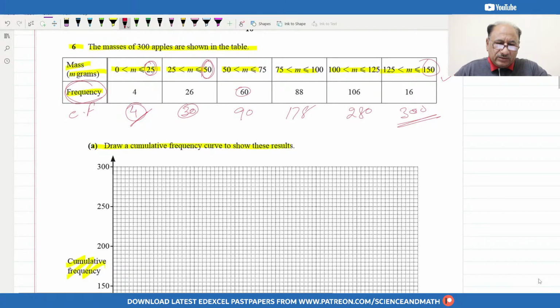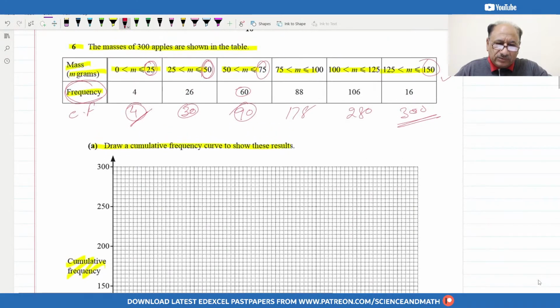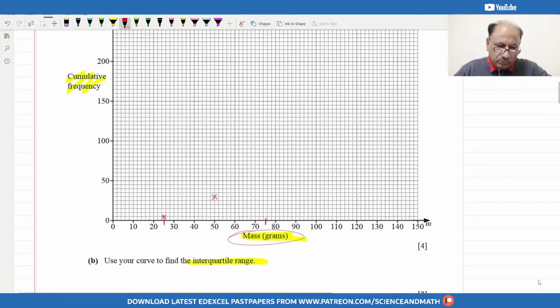So next is 75 and 90, so 75 will be in between 70 and 80, and we can take this 75 and 90, and you can take help with a scale, ruler or straight edge.